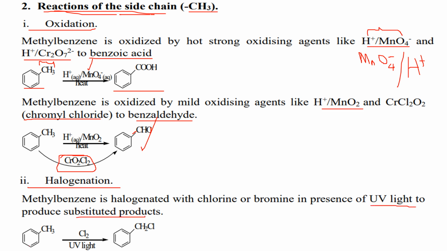So when you have methylbenzene, you react it with chlorine in presence of ultraviolet light, you'll get chloromethylbenzene. And I told you, when you're writing this in your exams, always avoid abbreviations. So UV, write it as ultraviolet light. Always remember that.